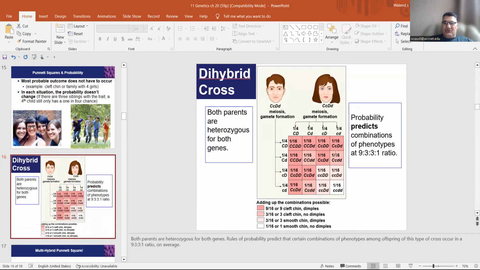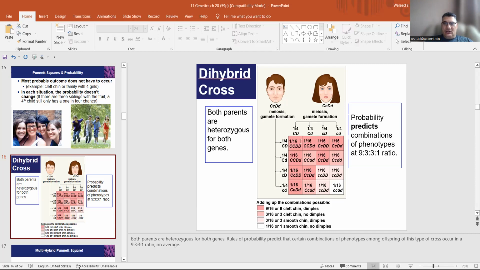And you don't have to know all these details, but it is just the chances. Like you have 9 out of 16. Instead of having 2 versus 2, it's 4. It's a double because we're talking about two different genes, not just one. So it's going to be double. So it's 4 versus 4.